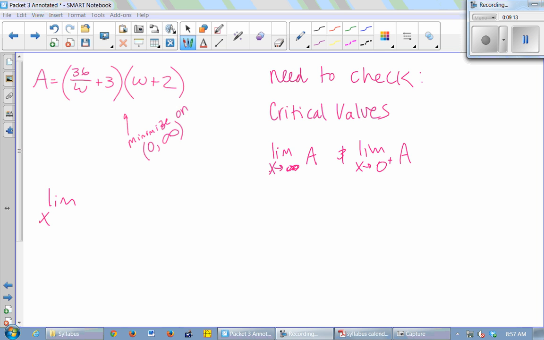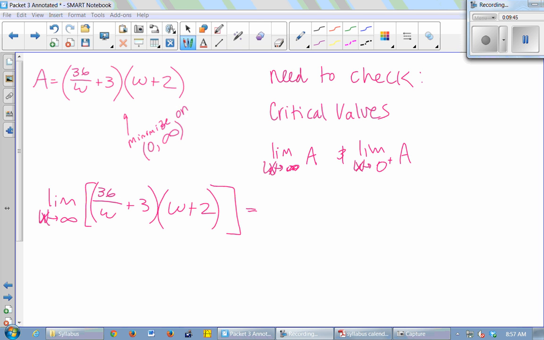The limit as W approaches infinity of area, which is 36 over W plus 3 times W plus 2. All right, what happens to 36 over W as W gets really, really big? It gets closer to 0.